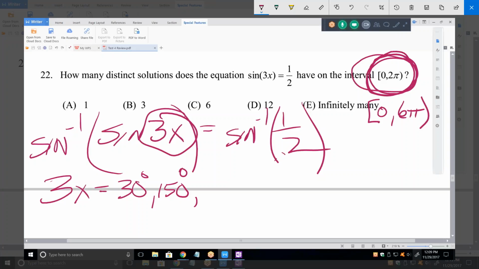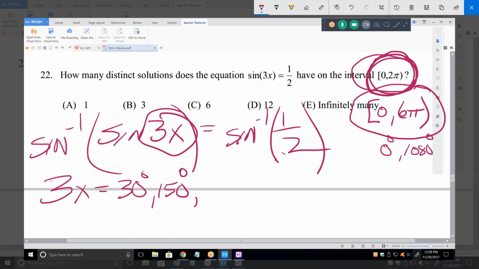I really have to go all the way to 6 pi. So give me the rest of them. There's a bunch more. I've got to go out to 3 times 360. I've got to go from 0 degrees to 1080 degrees. So give me the rest of the answers in that interval. In other words, our domain expanded by 3.